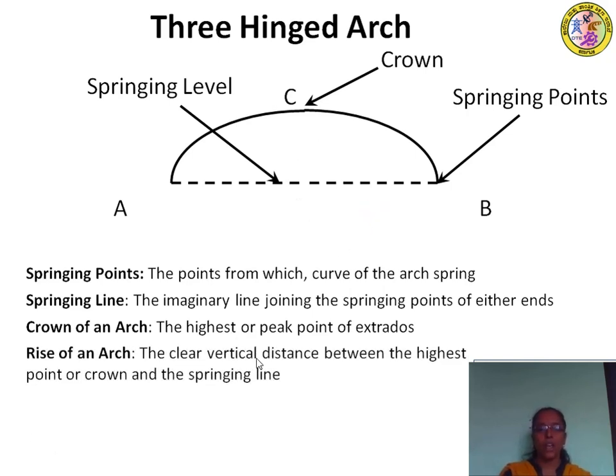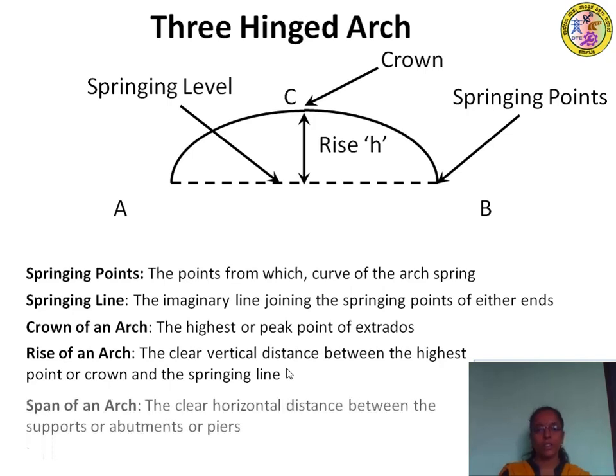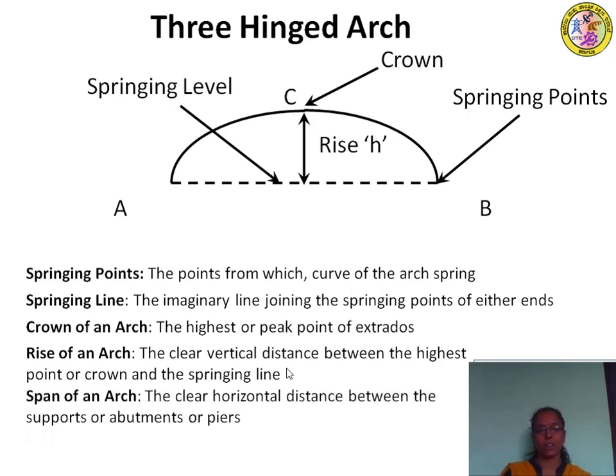Next, we have rise of an arch. Rise is the vertical clear distance between the springing line or the springing level and the crown. That is called the rise of the arch. Next we have span of the arch.